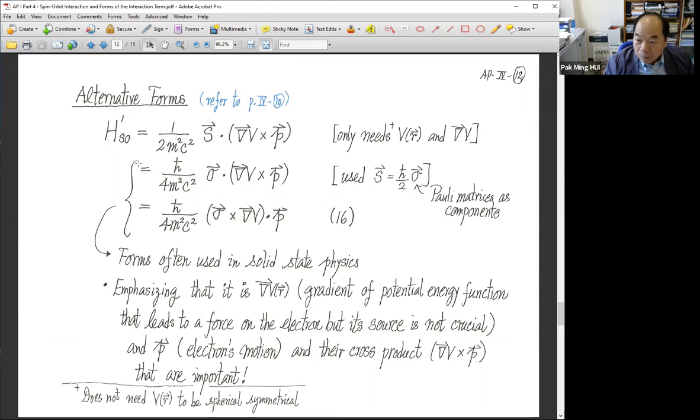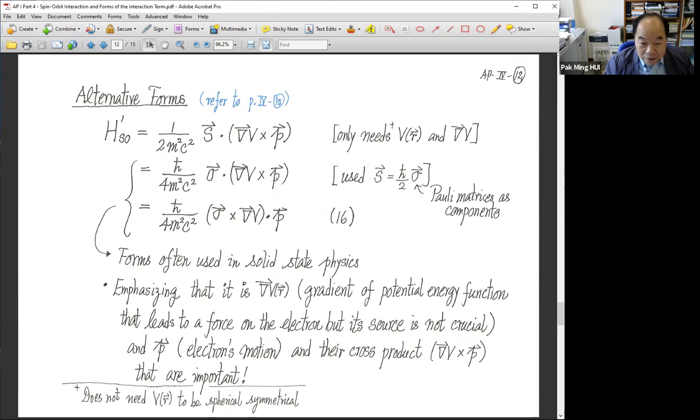The second equivalent form is that I don't like to write it as the spin angular momentum. I like to write it as the Pauli matrix. That's fine. Off by h bar over 2. So this 2 becomes 4. And that is the popular form in solid state physics. Okay. So you will see sigma dot into grad V cross p.